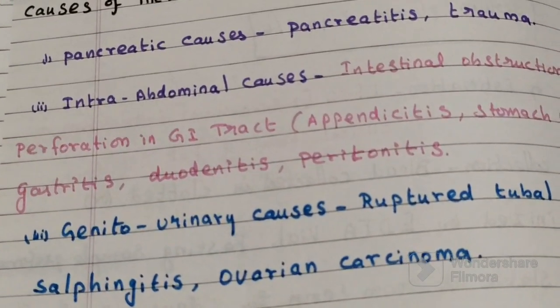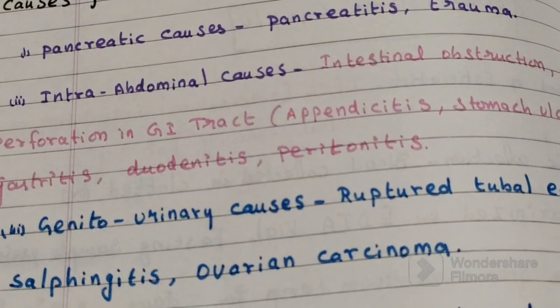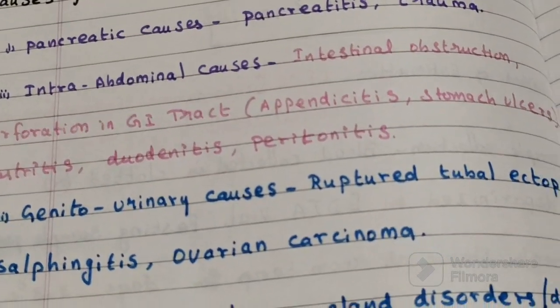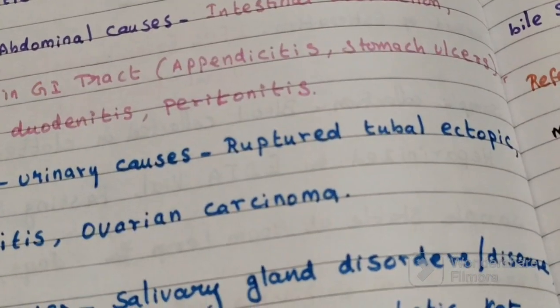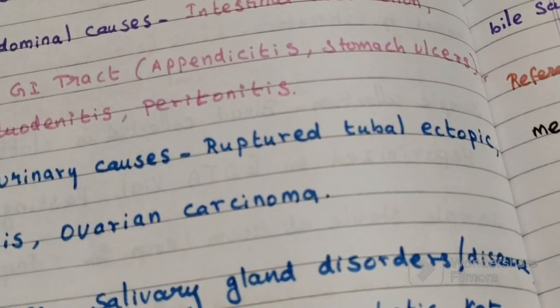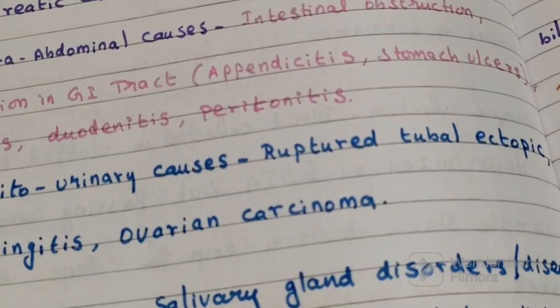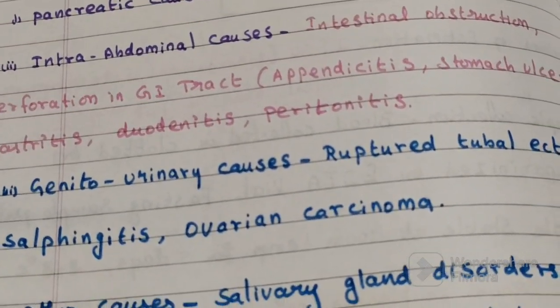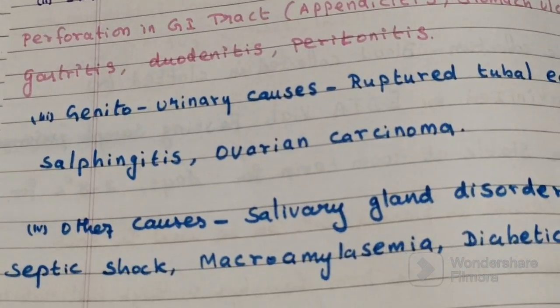Then genitourinary causes, ruptured tubal ectopic pregnancy, then ovarian carcinoma.